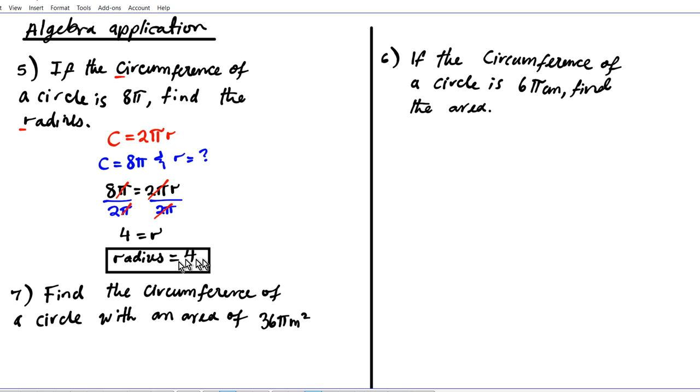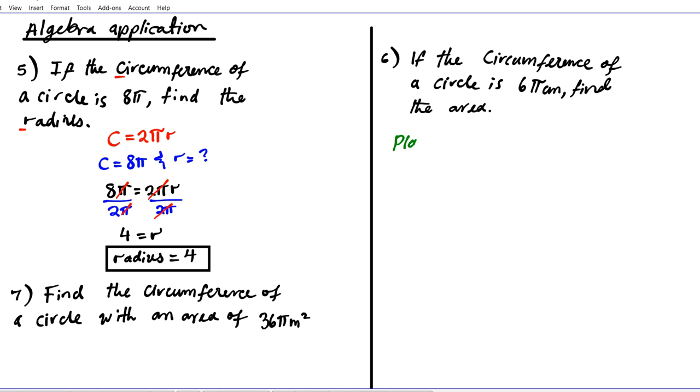All right, let's take a look at question number 6. It states if the circumference of a circle is 6 pi, find the area. Okay, so this is a 2-step problem. So in order to find the area, we need the radius, right? And then given the circumference, we can find the radius. So let's write down what our plan of attack is here.